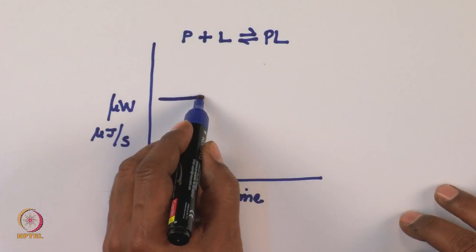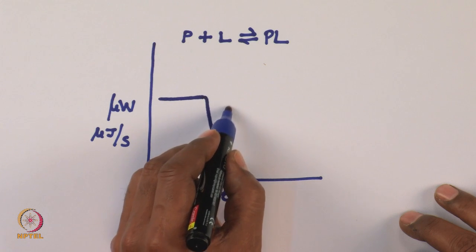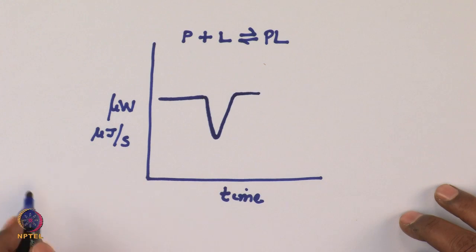The idea is to maintain the temperature difference equal to 0, and the entire thing should be kept isothermal. So, that differential power is monitored, and after the reaction is over, it goes back.